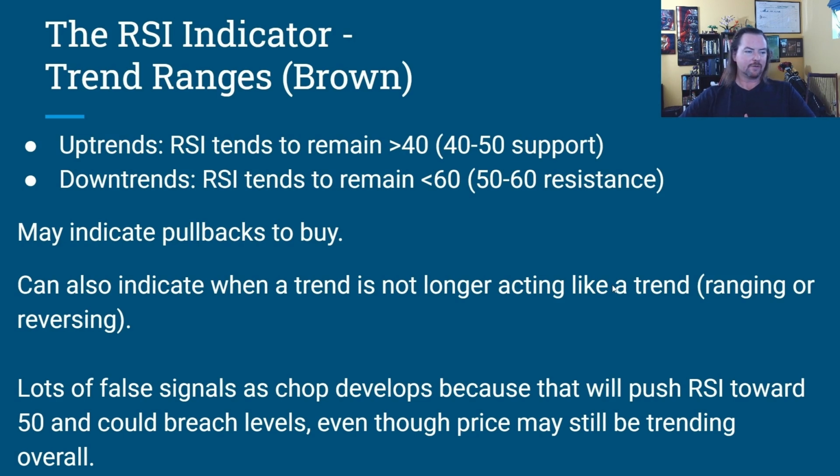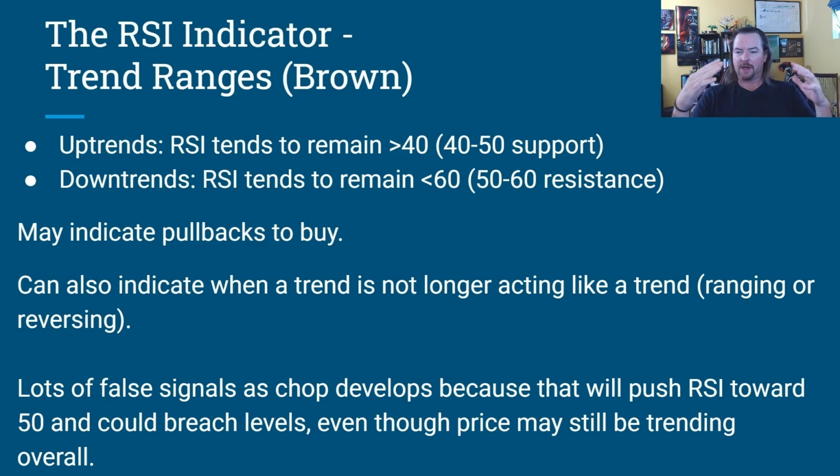So the idea of trend ranges was introduced by Constance Brown, and uptrends, she noticed, tend to remain above 40. I've looked at different stocks and assets, and I did find this kind of interesting for a while because they did tend to hold in a range.